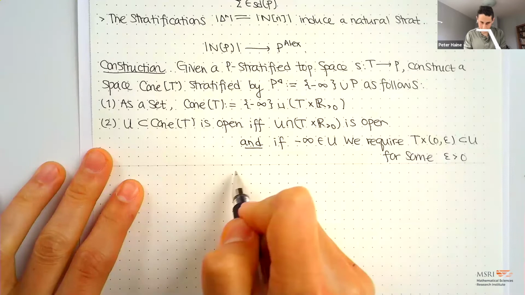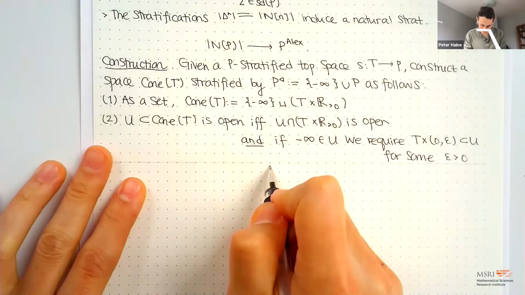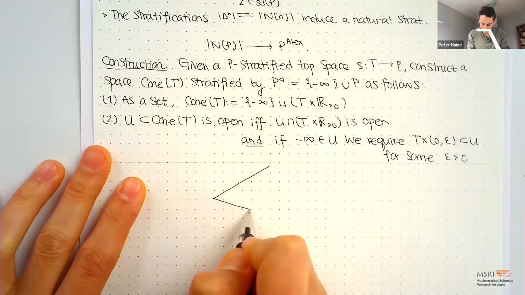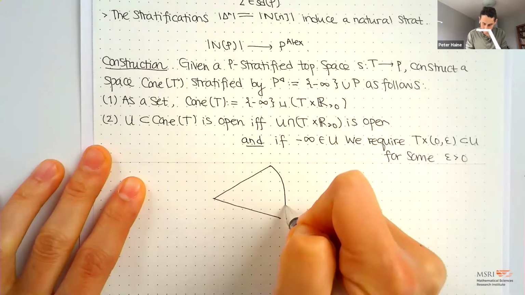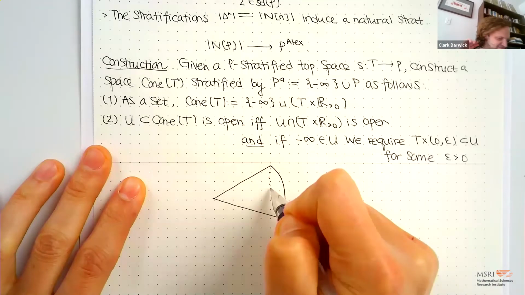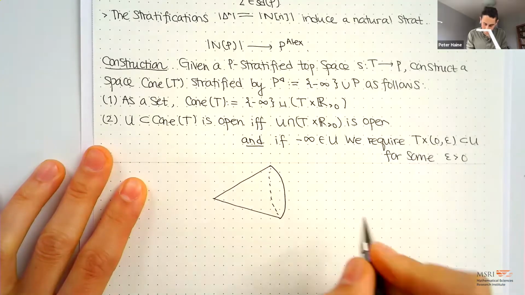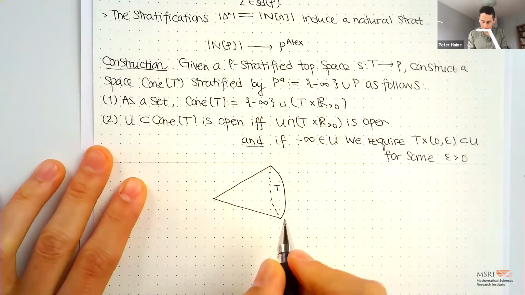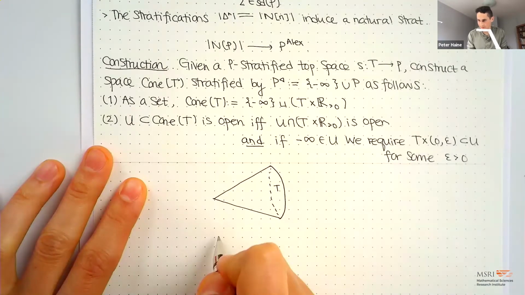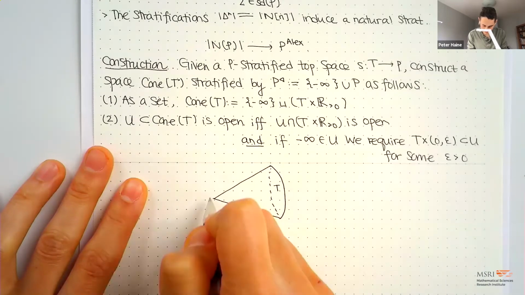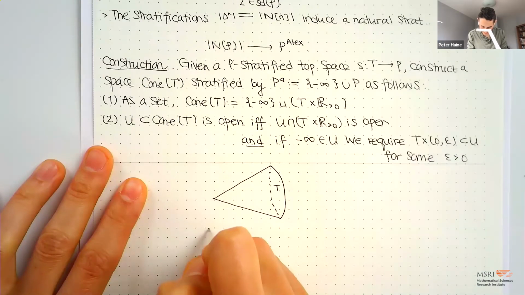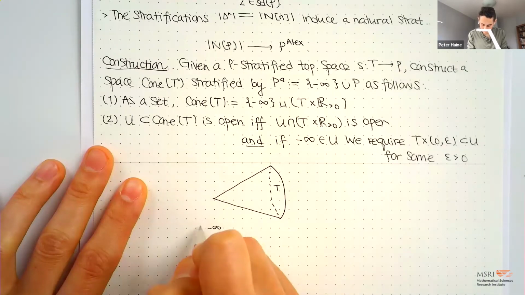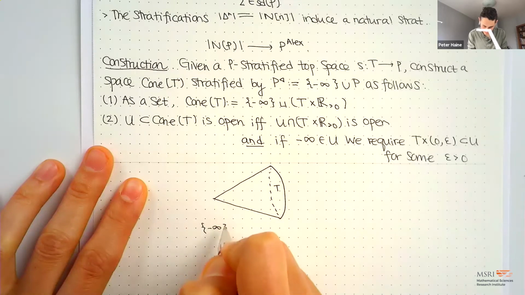So what's that look like? This one I didn't draw beforehand, sorry. It looks like you have your T here. The minus infinity part is this point here.